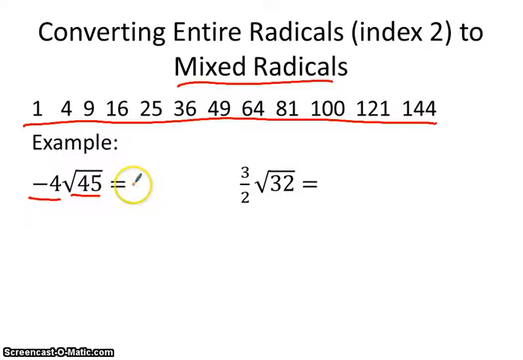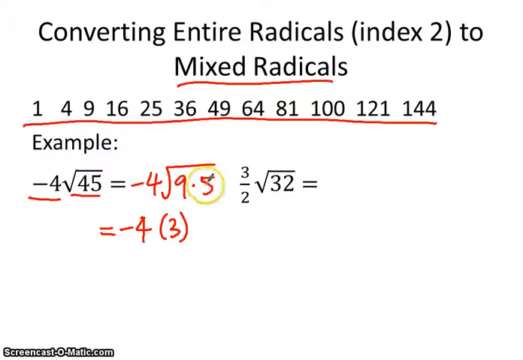Well, 9 goes there. Again, use your calculator if you need to. And now root 9 becomes a 3. Well, what do you do with the 3 and negative 4 here? Negative 4 is there. Root 9 becomes a 3. Root 5 remains a root 5. So what do you do with these two numbers here? Remember, it's implied it's multiplying, so just multiply them. Negative 12 root 5.